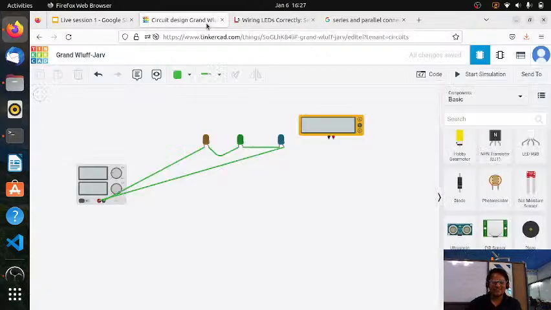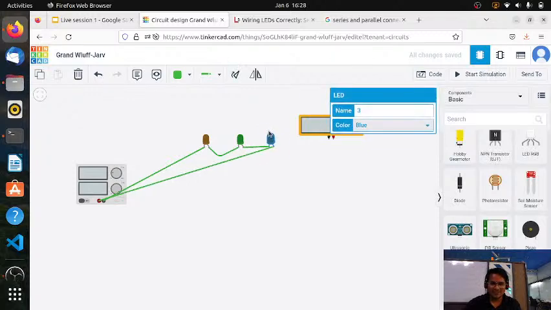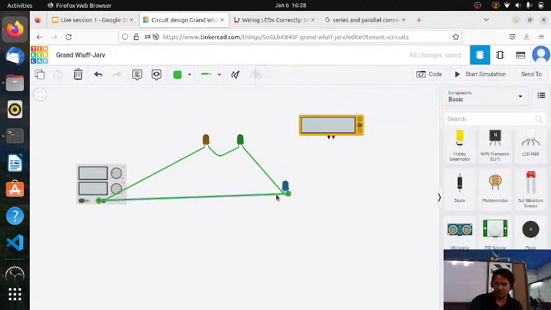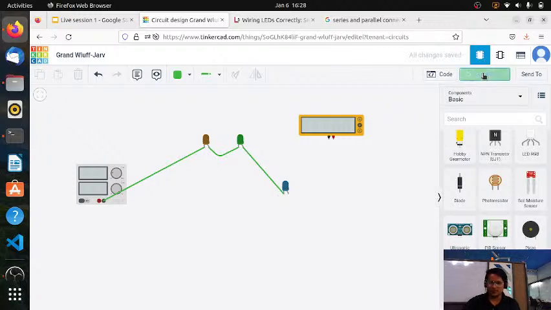Let's see. Suppose from here the wire is broken. So will it work? This is an open circuit. It will not work because this is an open circuit.